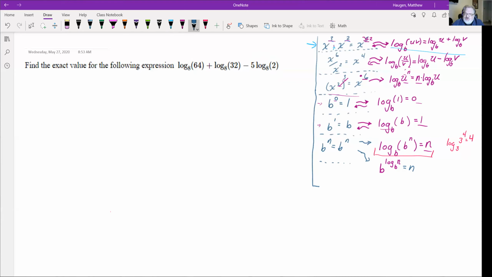So I want to tell you, guys, this is a day on a big problem, but that's okay. We got to talk about all kinds of cool stuff. But when I look at this problem, 64, 32, and 2, those are all powers of 2.